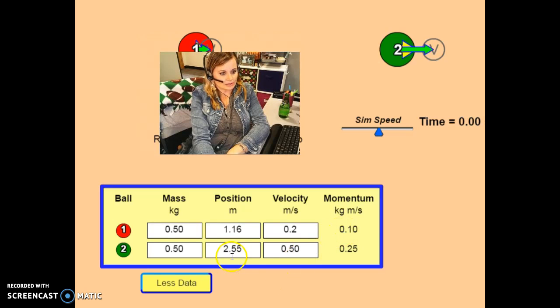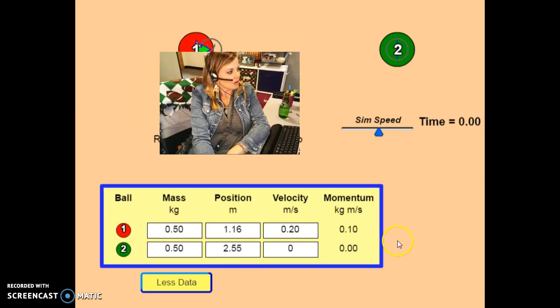And velocity 2 is 0 meters per second. Oops, my bad. Let's try this one more time. Okay, this one's 0. All right, so you record these values in your data table, and then we can go ahead and observe the sim.